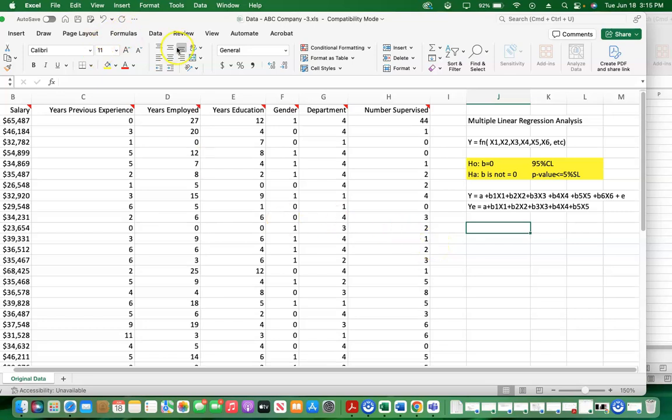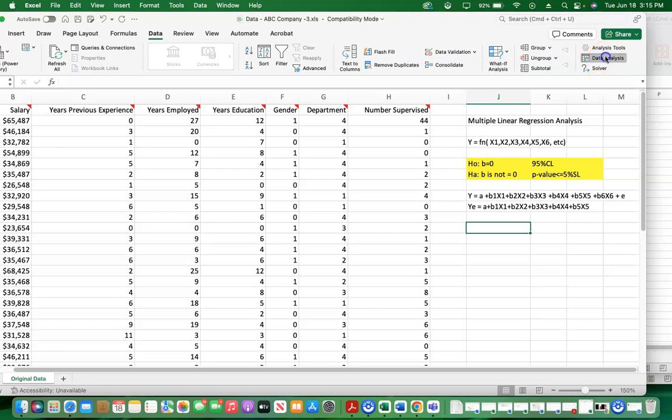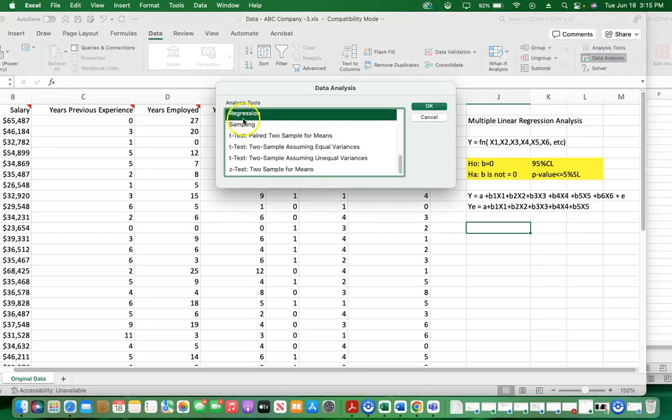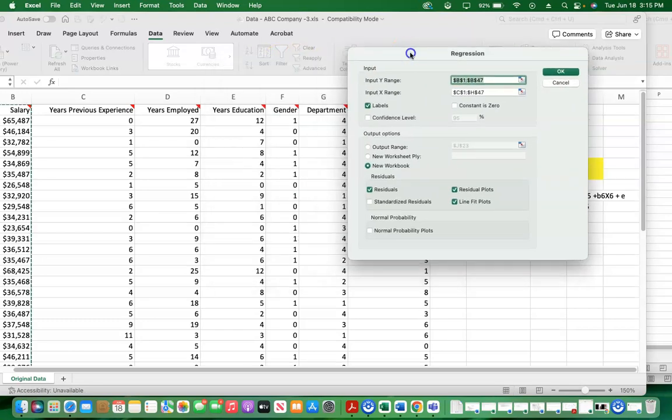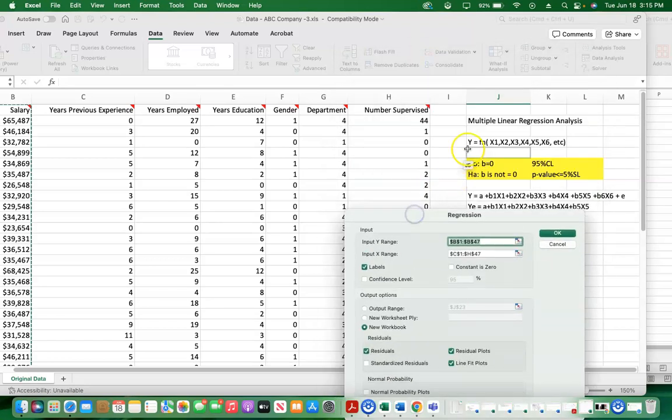So we can run regression, and remember, we can go just to the data and see if you have data analysis, and I will select the regression. And then all we're going to do is to determine the Y range. Remember, Y range is the dependent variable, and that is salary.